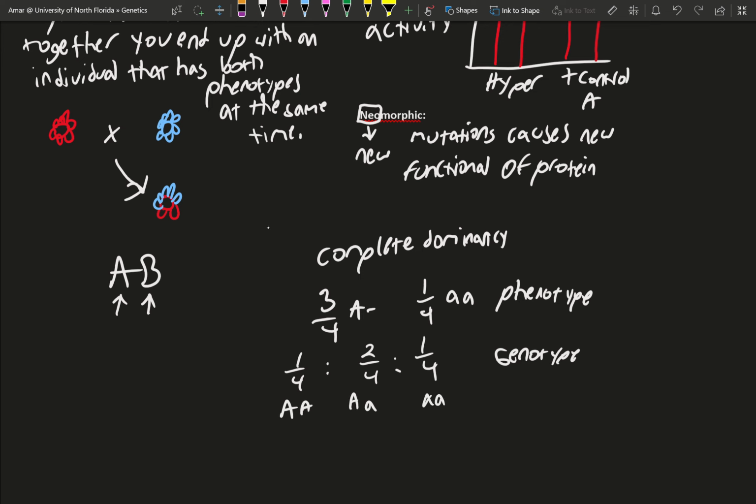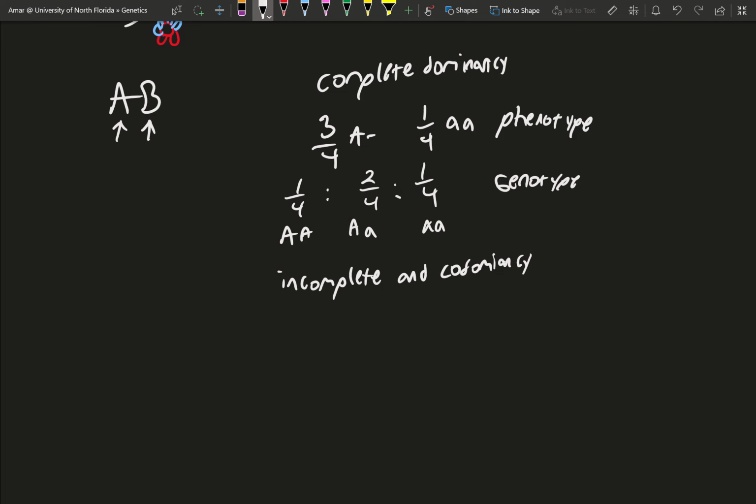But for incomplete dominancy and codominancy, the heterozygous individual, big A little a, has a completely different phenotype from the other alleles. For example, let's say big A is blue and little a is red. If you're big A little a in an incomplete dominancy case, you will have a different phenotype.